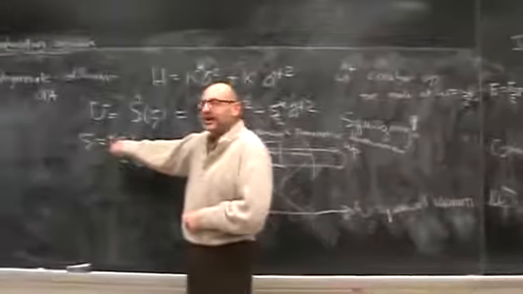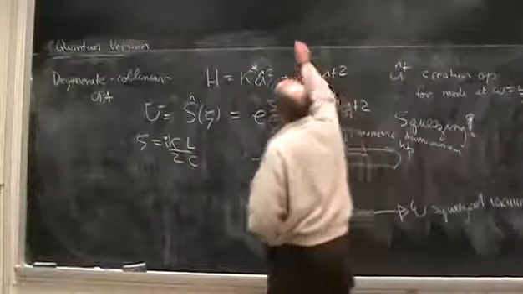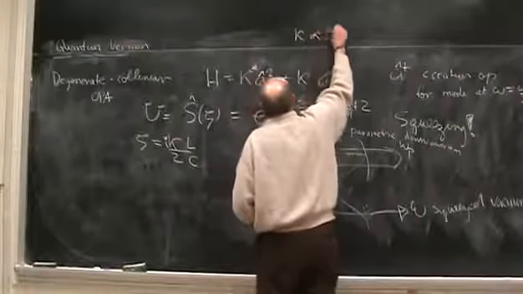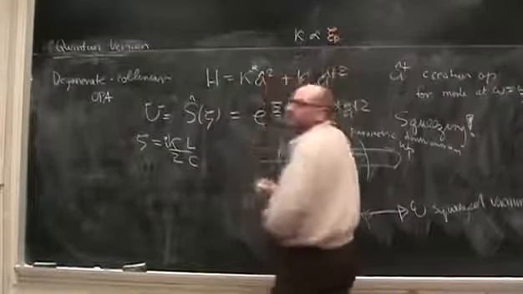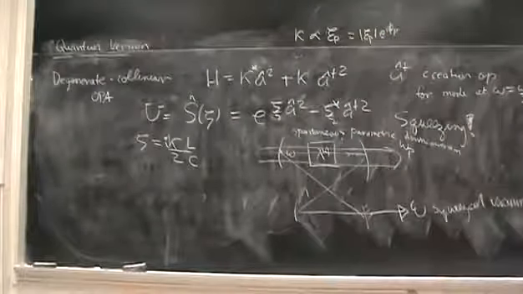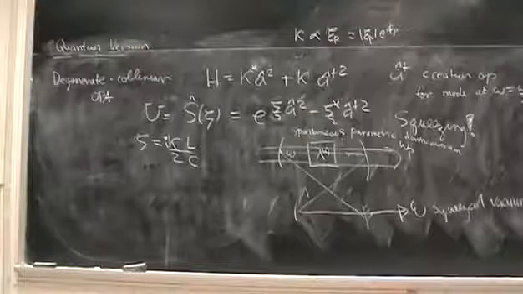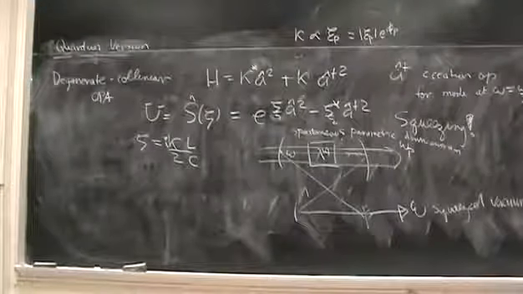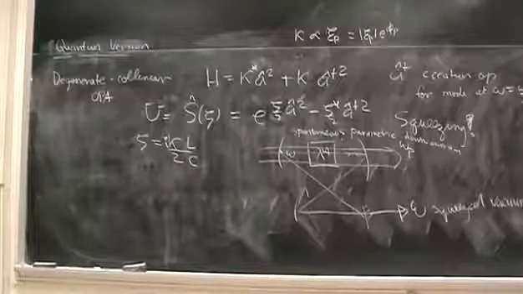And I swept all of that under the rug. Kappa was proportional to the pump, and the pump has an amplitude and a phase. So the phase of the pump determines the phase of the quadrature.